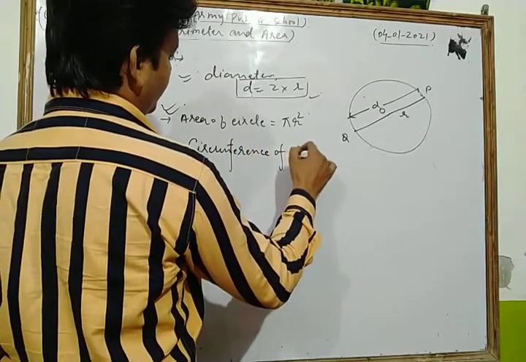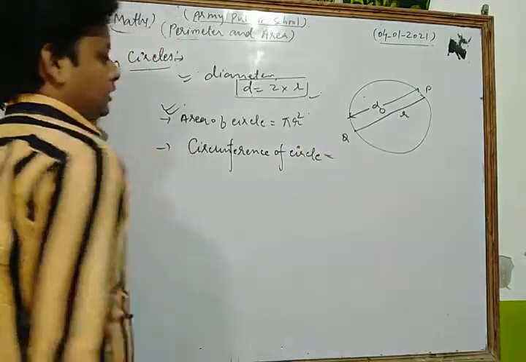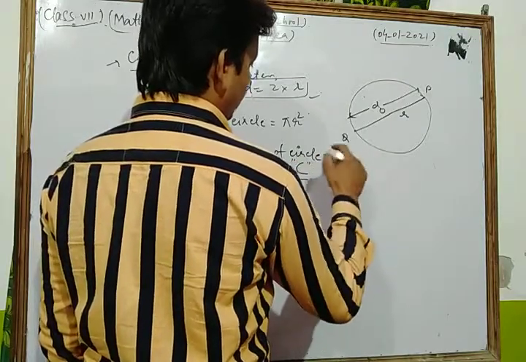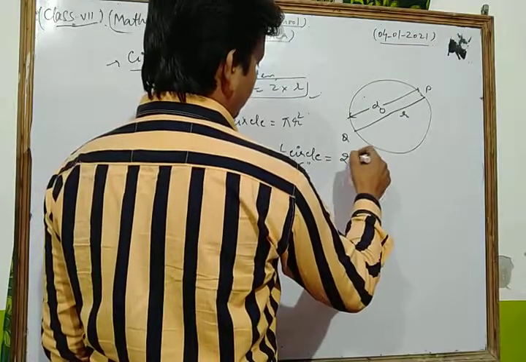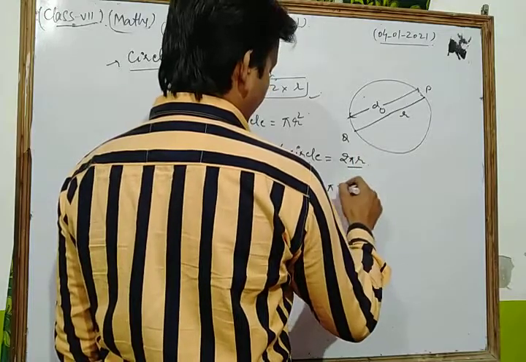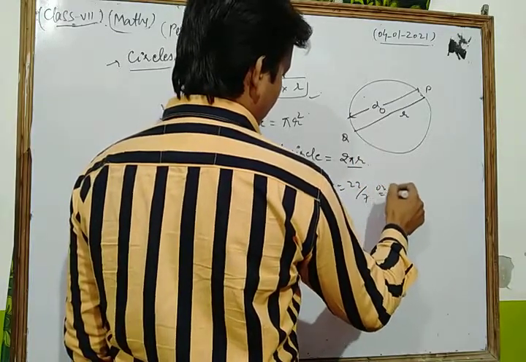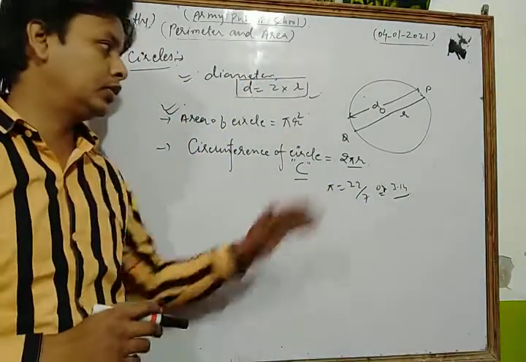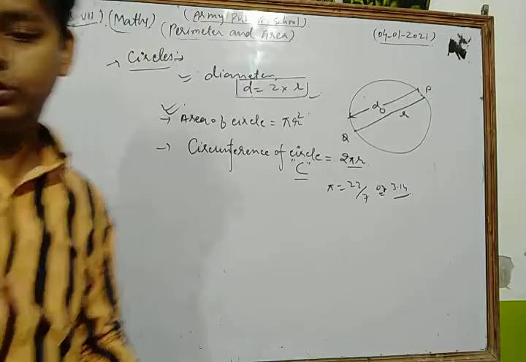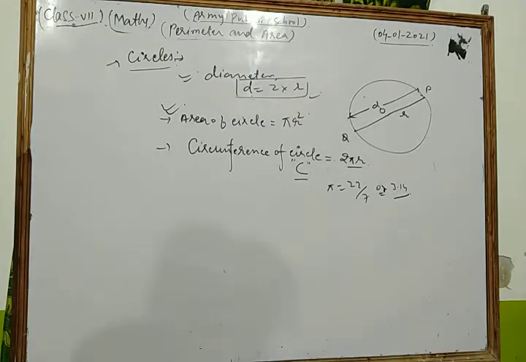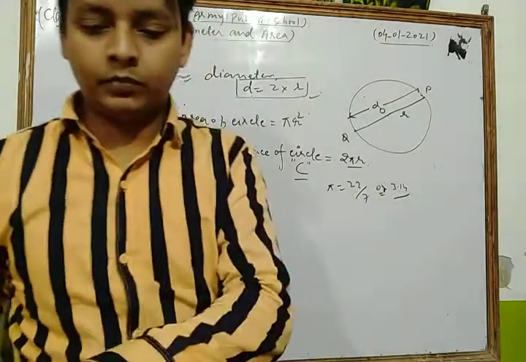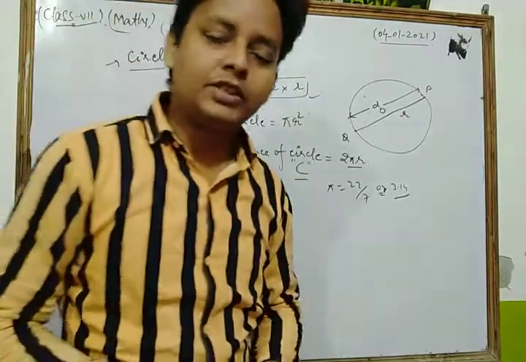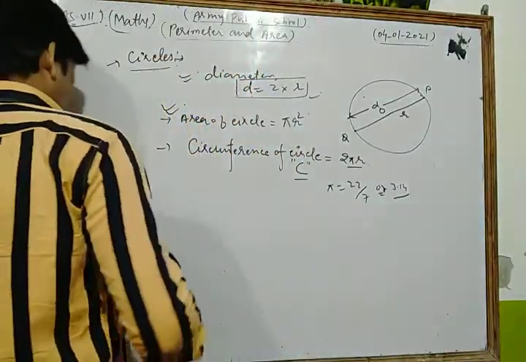The circumference C of the circle is 2 pi R. Here the value of pi is 22/7 or 3.14. Okay, so there are two important formulas related to the circle. Now we take and solve some important questions based on the circle. Okay, let's see.